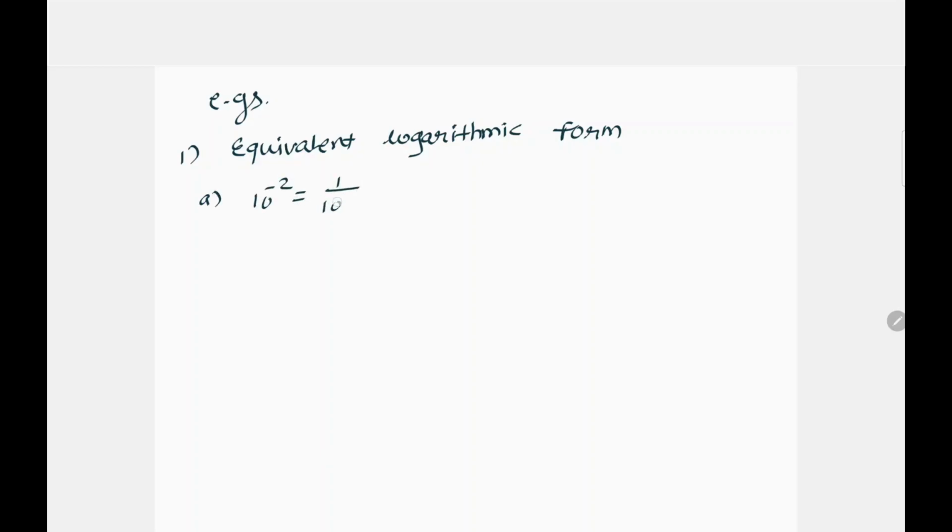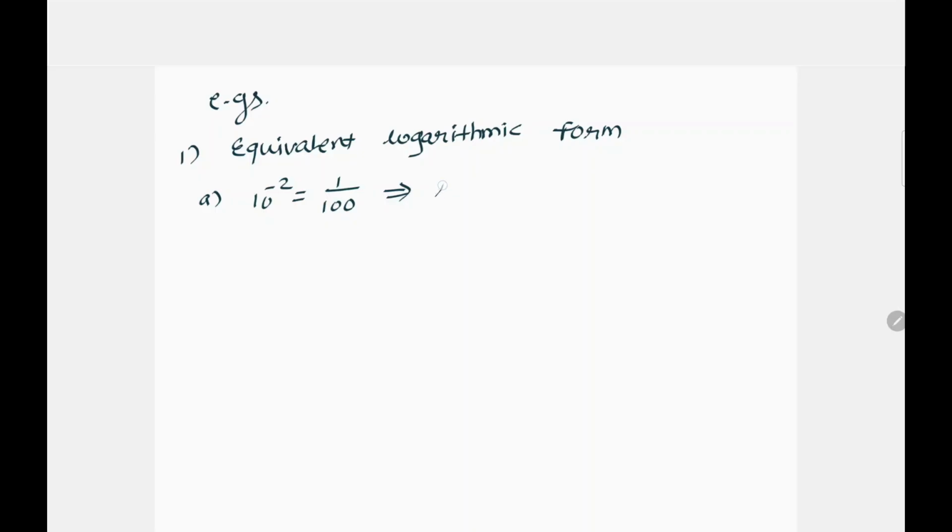Now we start solving examples. First example, write the equivalent logarithmic form. First, 10 raised to minus 2 is equal to 1 upon 100.